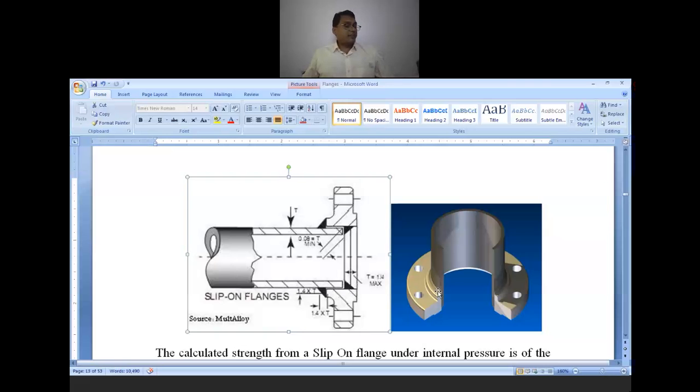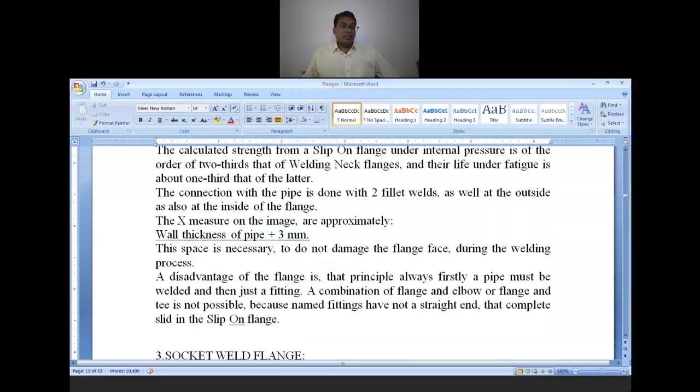These are used for moderate services of temperature and pressure. This is comparatively less costly. The strength is around 70% of the welded neck flanges and the fatigue life is nearly 1/3 as compared to the welded neck flanges.